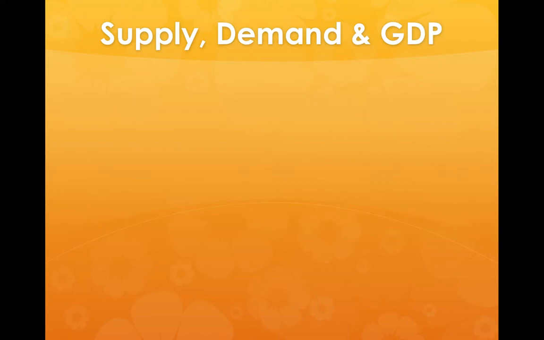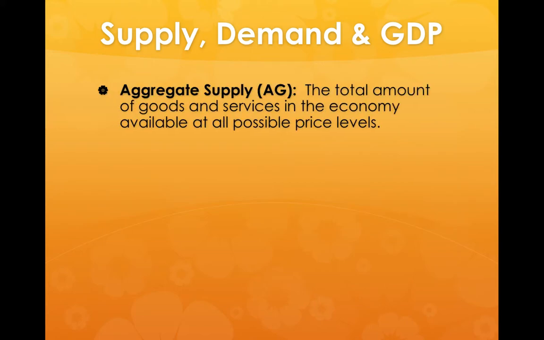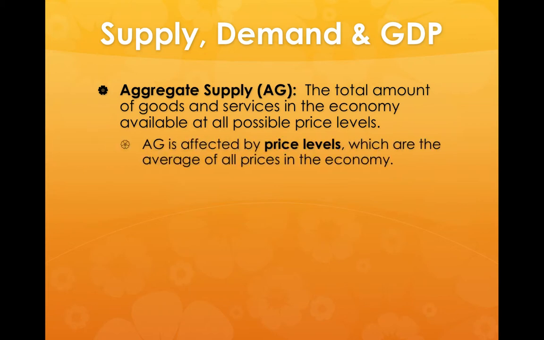Supply, demand, and GDP. Aggregate supply is defined as the total amount of goods and services in the economy available at all possible prices. Aggregate supply is affected by price levels, which are the average of all prices in the economy.